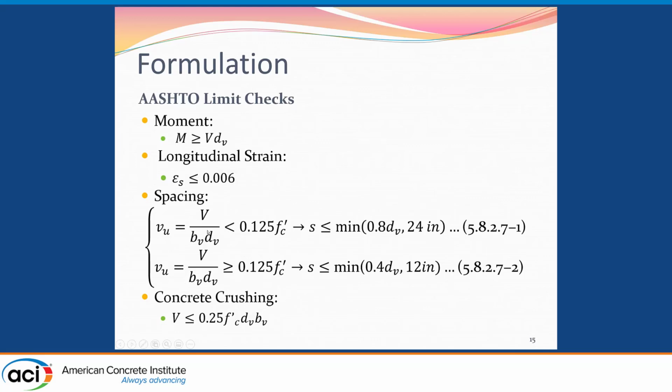And then we have a spacing limit: when the shear stress is less than 0.125 F prime C, the spacing has to be limited to the minimum of 0.8 dV and 24 inches. If we have more than 0.125 F prime C, this spacing becomes half, so we have 0.4 dV and 12 inches. And in a similar way, to avoid concrete crushing, the total V has to be less than 0.25 F prime C BV dV.